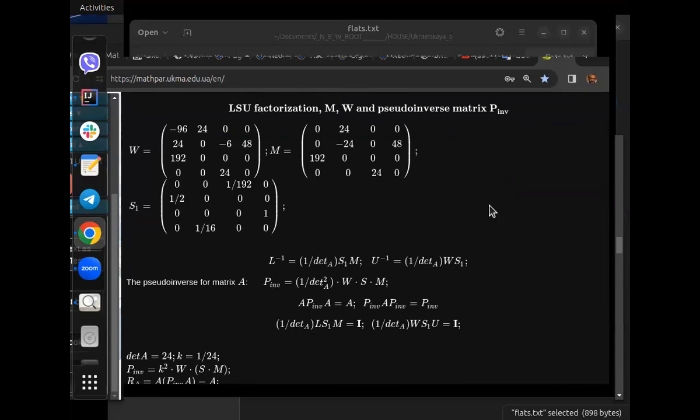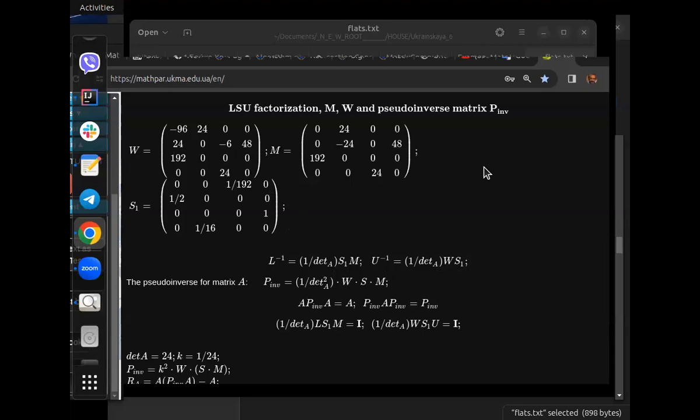In the previous example, this is W with integer elements. This is M, and from S we can obtain about the same matrix S1, and then the inverse matrix for L is equal to S M divided by the determinant of A. The same way we can obtain the inverse for U. The inverse for U equals W S1 divided by the determinant of A. And we can obtain the inverse matrix.